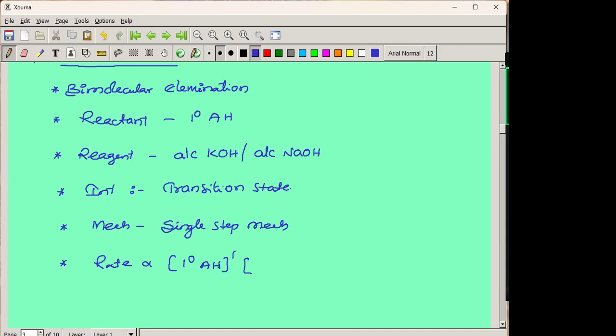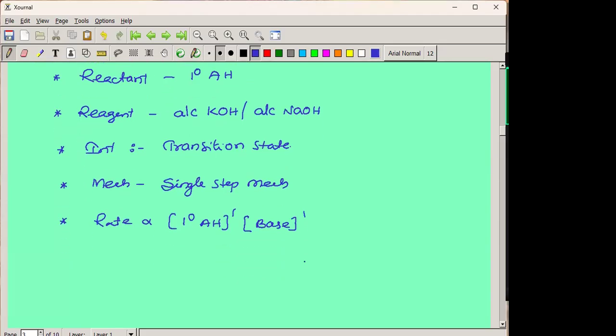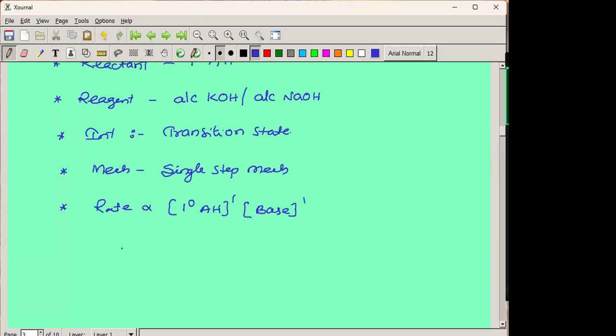That is the concentration term of alkyl halide, and it also depends upon the base. So with respect to alkyl halide, the order is 1. And with respect to base, the order of reaction is 1. And the overall order is 2. Order with respect to alkyl halide concentration or reactant.